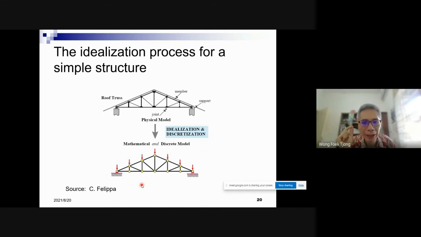If we decide that our structure can move only in certain ways like this, okay, only the nodes can move. We consider that the nodes can move, but this bar cannot freely, for example, bend. It cannot bend, just maybe extension or contraction.